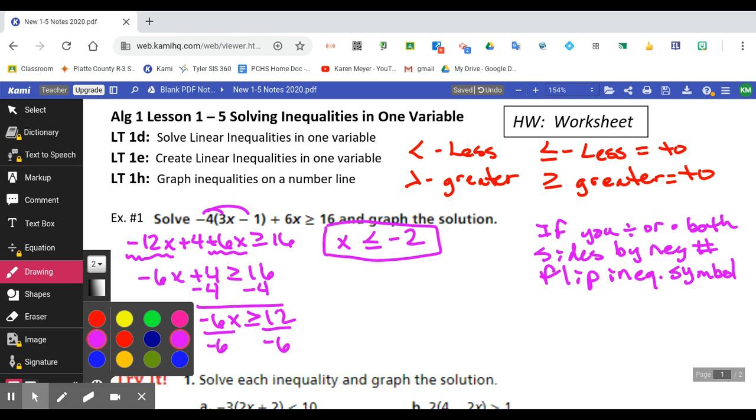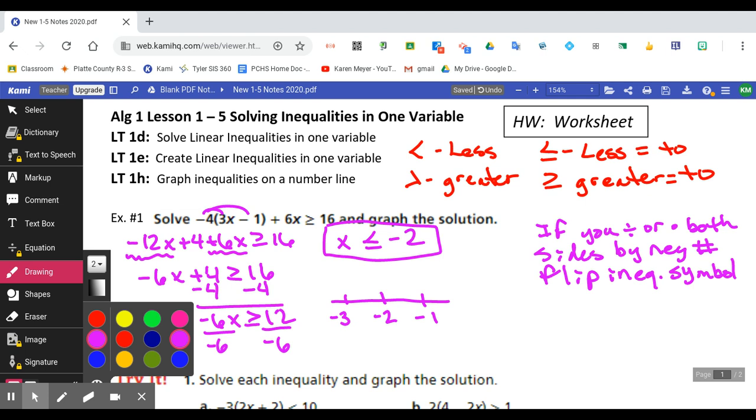Now, to graph on a number line, my answer was negative 2, and then I'm going to put negative 1 on the right side because negative 1 is larger than negative 2. And I'm going to put negative 3 on the left side because negative 3 is less than negative 2. And now we're going to talk about how do you graph that on a number line.